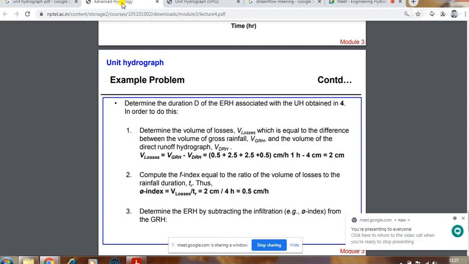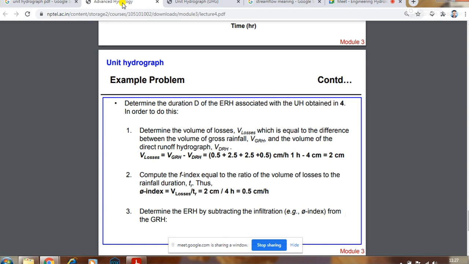Now let us get back to this particular thing. In order to calculate the phi index, we need to take the value of loss divided by the duration of the rainfall. The duration of the rainfall was 4 hours and the amount of loss was 2 centimeter. So the phi index is 0.5 centimeter per hour.